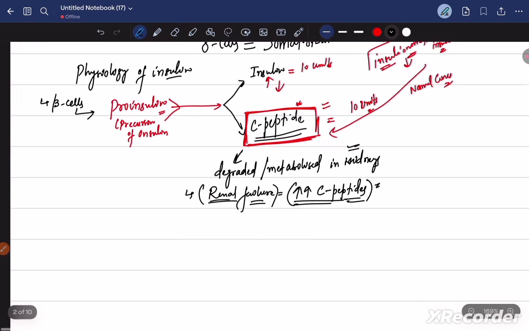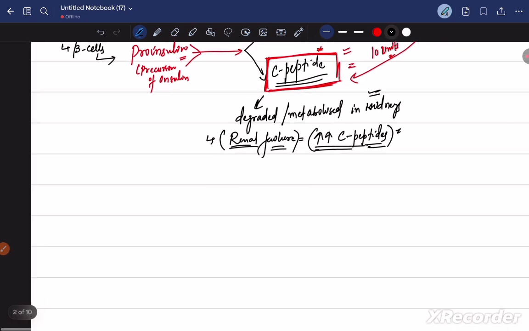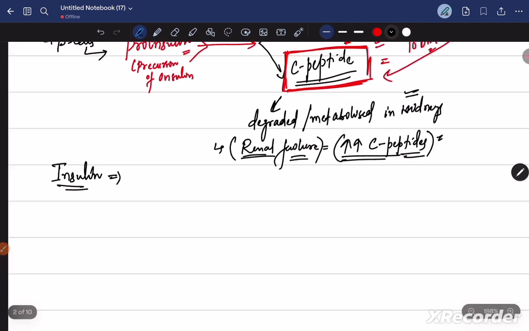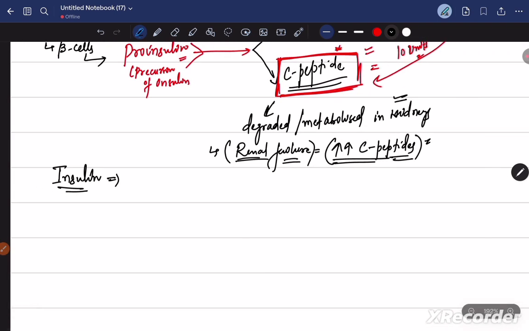So this is the normal physiology of insulin, and what is the function of insulin. I'm just recapitulating what you already know, but in order to start our main topic, diabetes mellitus, we must be aware of the functions of insulin.